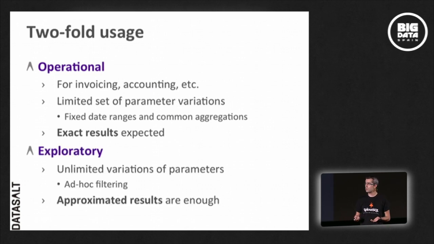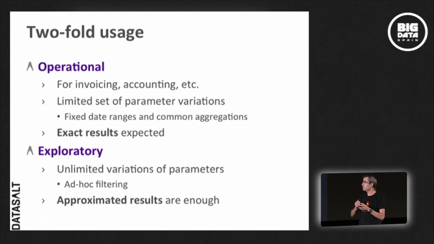The other kind of usage is the exploratory usage. This is the one that you use when you want to discover what is happening, when you want to learn, for example, when you want to see what happened with a campaign on a particular day or a particular range of days, for a particular location, for a particular browser.